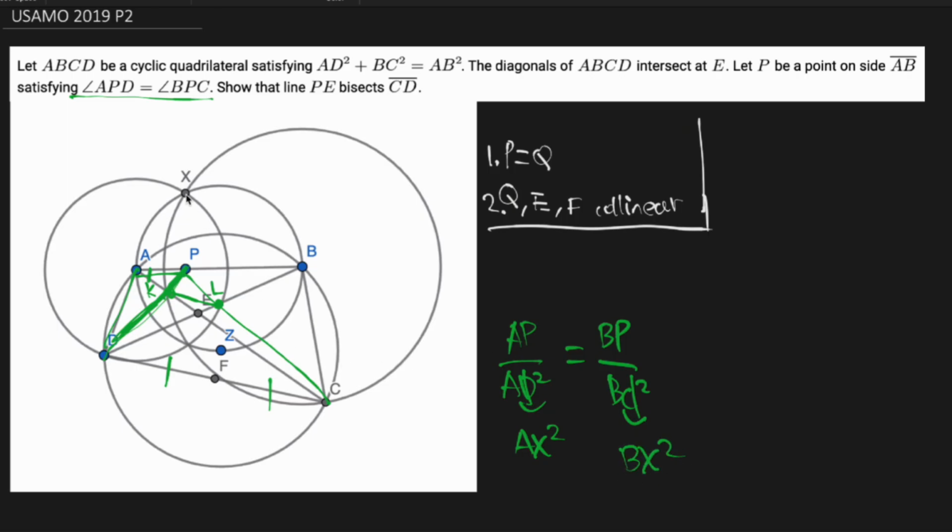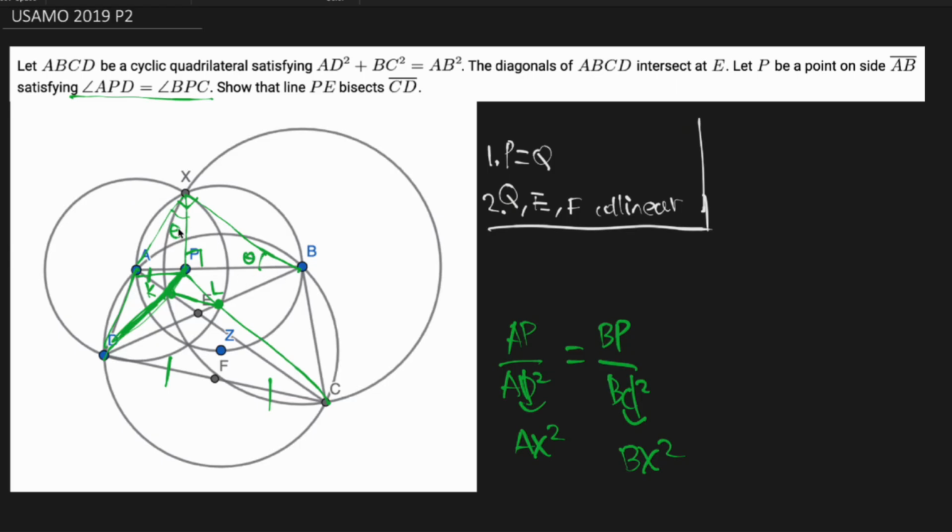And here, we want to prove that AP over AX squared is equal to BP over BX squared, and this actually just results from a bit of trigonometry. We know that this is a right angle, we know that this is a right angle, and whenever we have this configuration, this is just true, it turns out. Well, I didn't know that until this problem, but apparently it is.